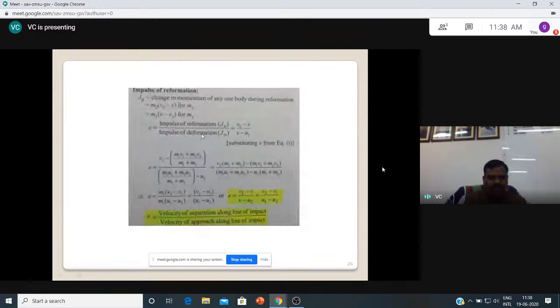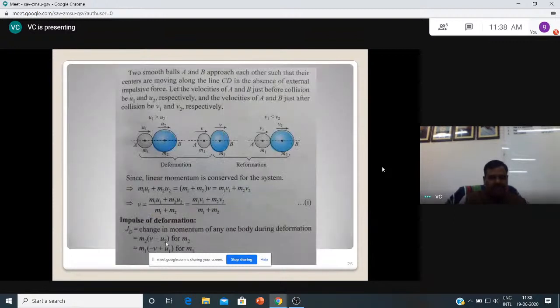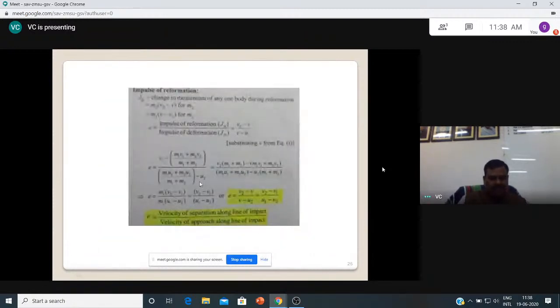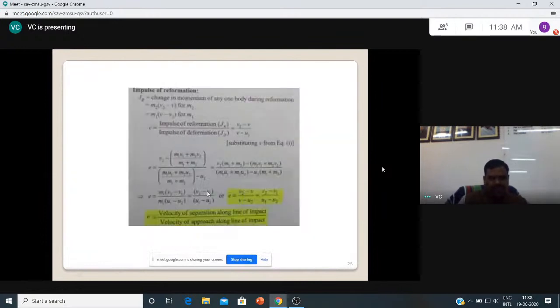That ratio is v2 minus v divided by v minus u2, final minus initial. With reference to a particular body, with reference to m2, m2 is v2 minus v, same m2 v minus u2. That is the impulse of deformation and the impulse after restitution for a particular body. If you can write, this is one equation.